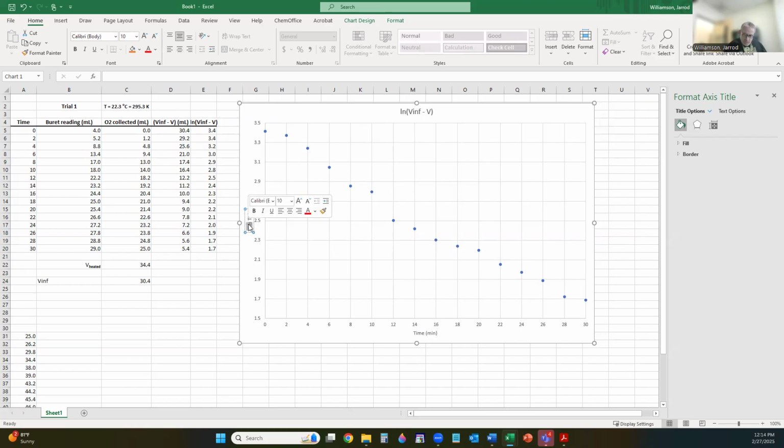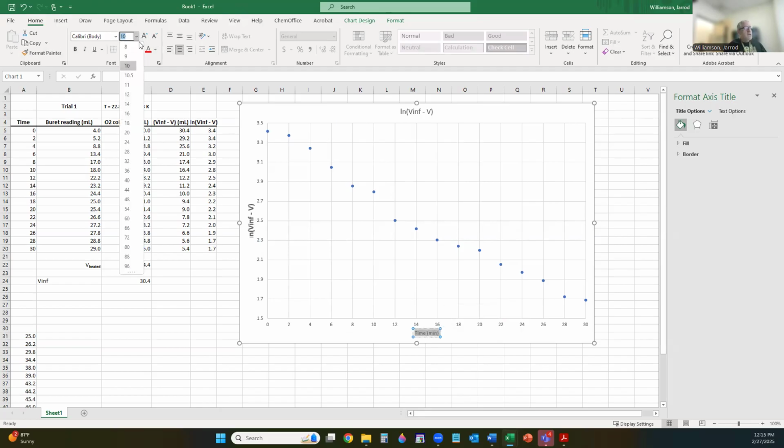This is going to be natural log V infinity minus V. And I forgot I got to make this bigger. Let's go to Home. Let's make that maybe 14 and bold, because I know that old man professor's eyes need this. And he's the one that gives me points. Right?